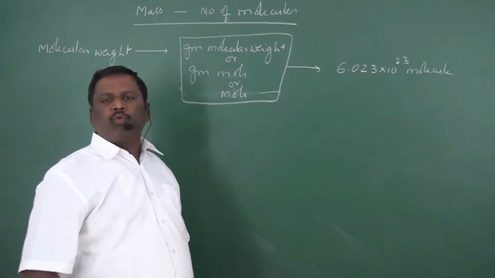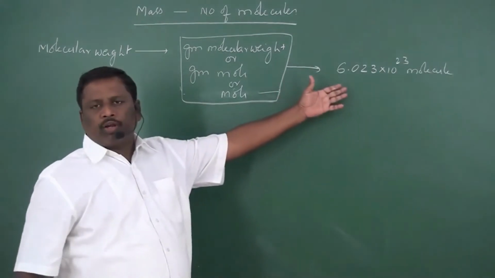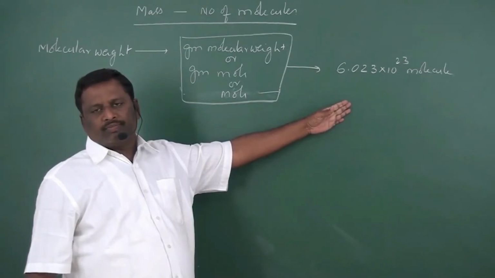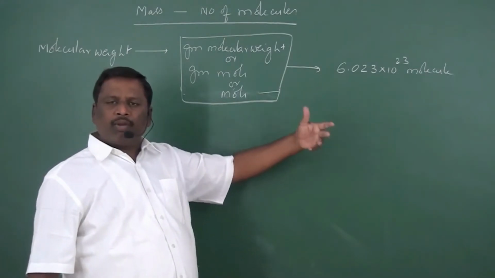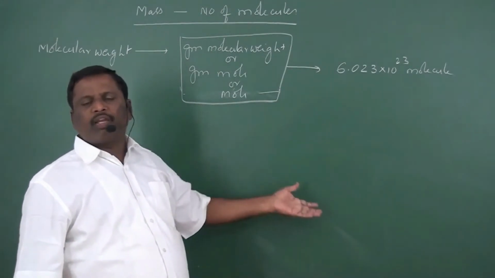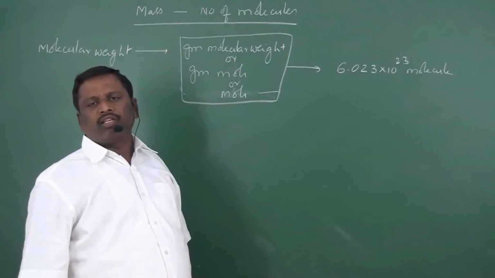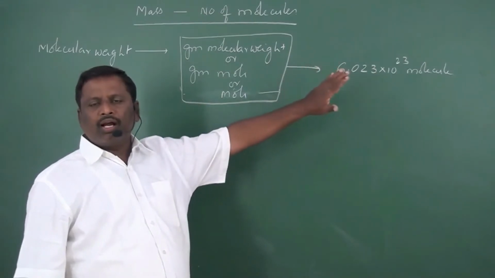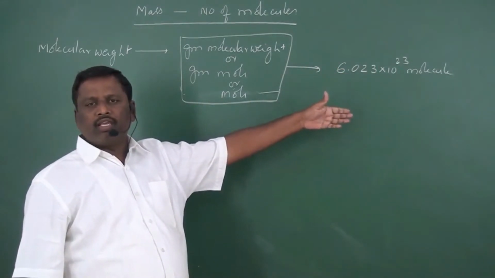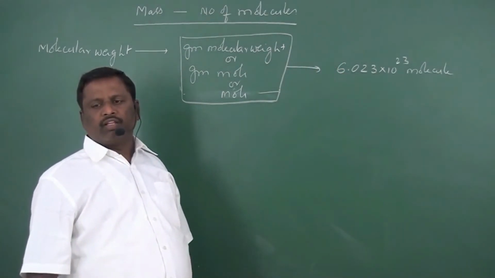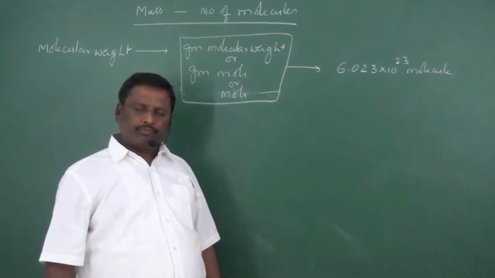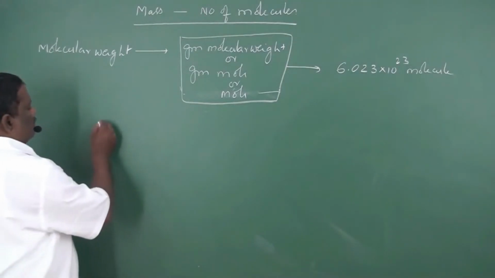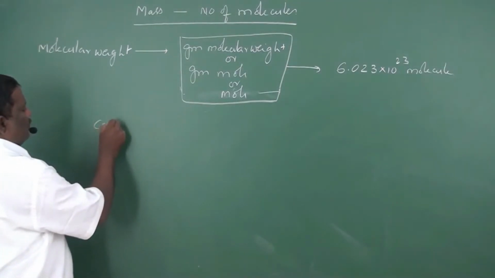Number of moles into Avogadro number will give us the number of molecules. For the number of moles, we know that mass of the substance divided by gram molecular weight gives us the number of moles, and number of moles into Avogadro number gives us the number of molecules present in the given substance.